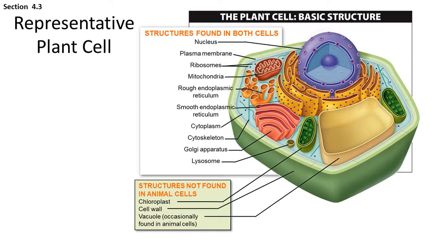Structures found in plant cells but not in animal cells are chloroplasts. The cell wall, remember that's something found in all prokaryotic cells. And vacuoles that are occasionally found in animal cells, but not this large of a vacuole as the one observed in this plant cell.